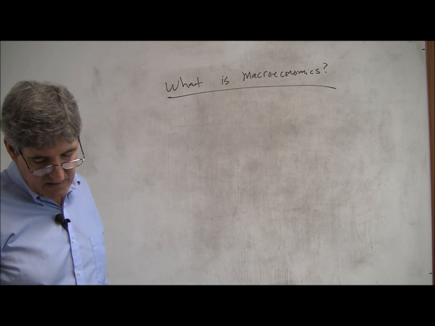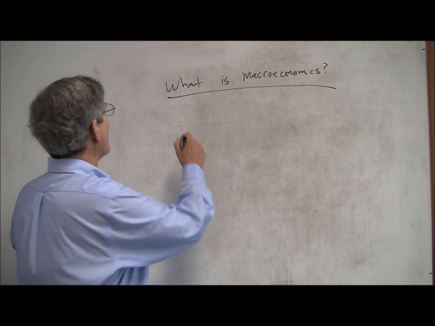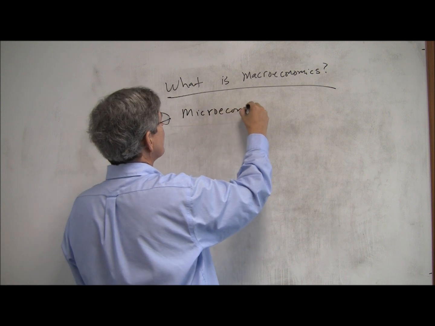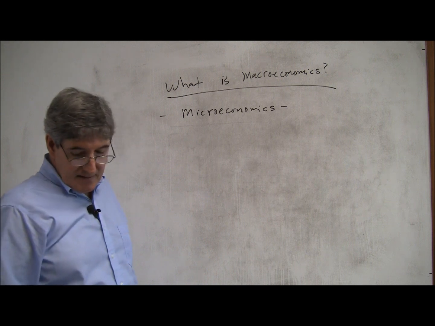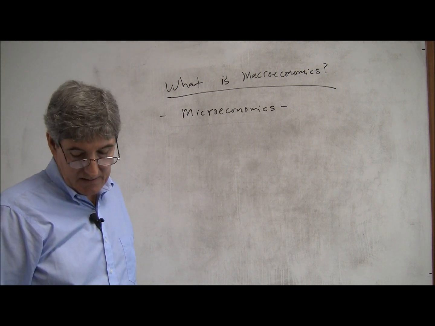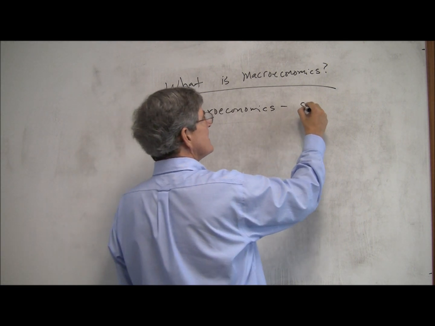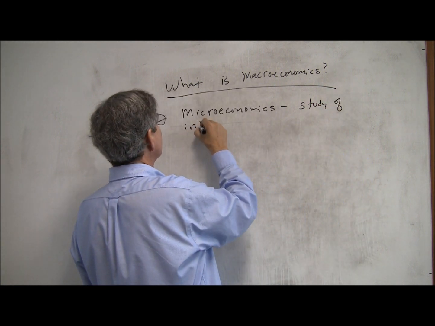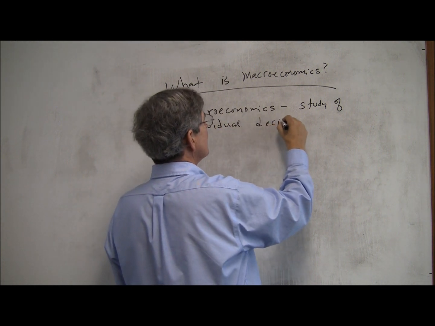And I guess it's easiest to understand what macro is by contrasting the two. So let's start with microeconomics. What is microeconomics? So microeconomics is the study of individual decision-making units, such as individuals, households, and firms. So it's a study of individual, that individual term's important, decision-making units.